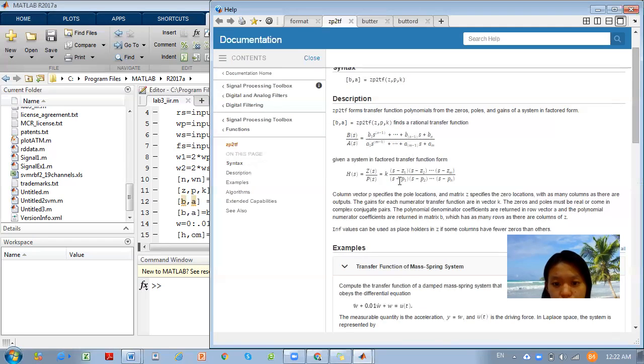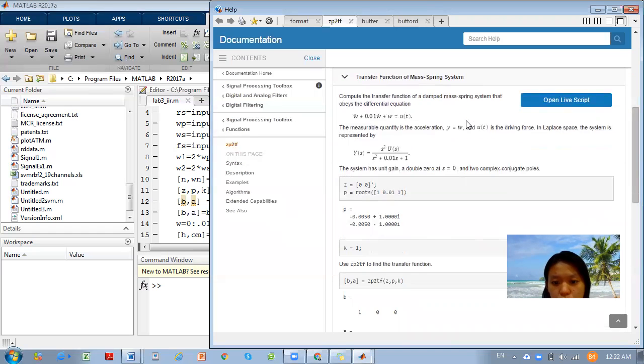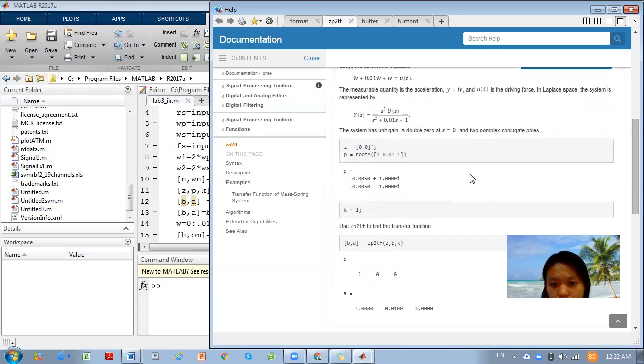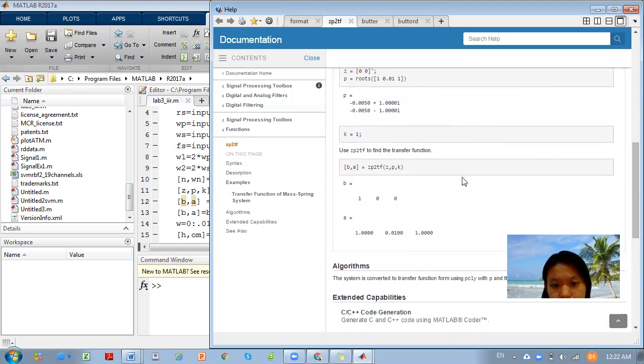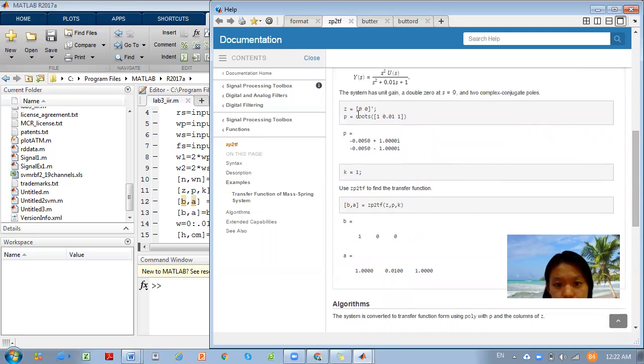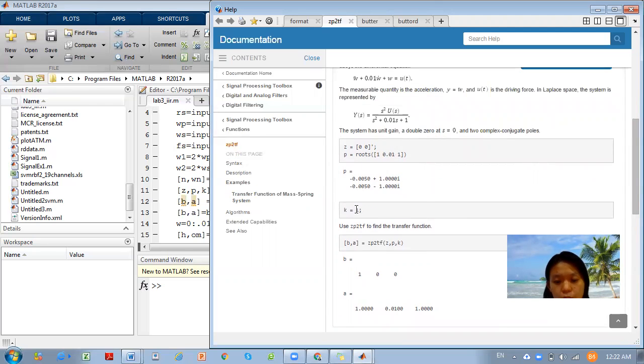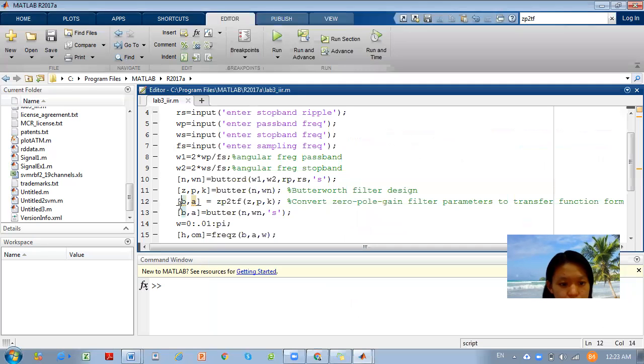So from just now that form, we convert it to B and A. We want to find the rational form of our transfer function, in this format. Okay, this is our B and A values. This is our pole value P, and we have the values of K and Z. Okay, so is it clear?